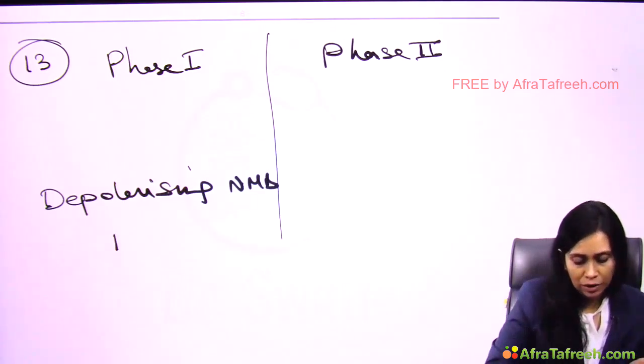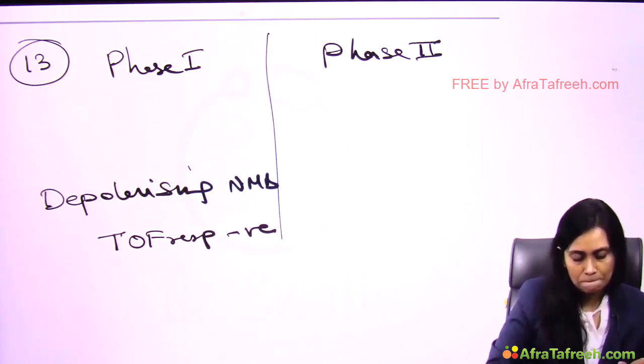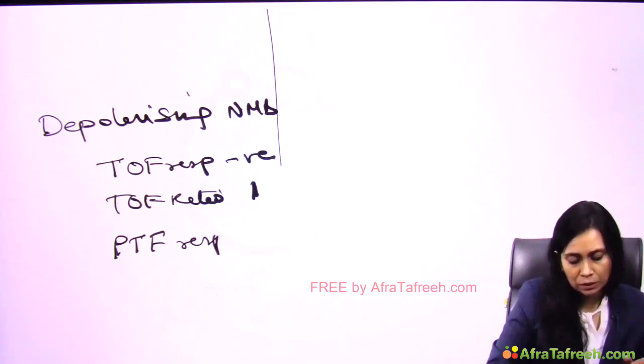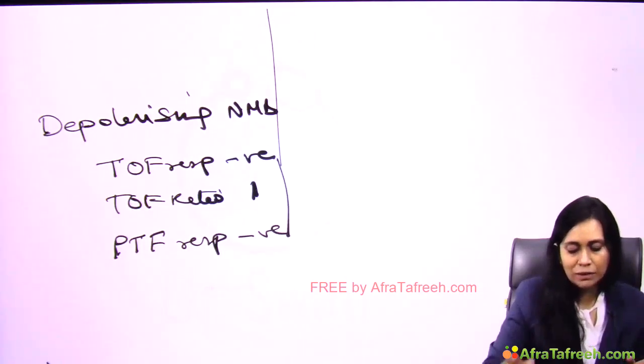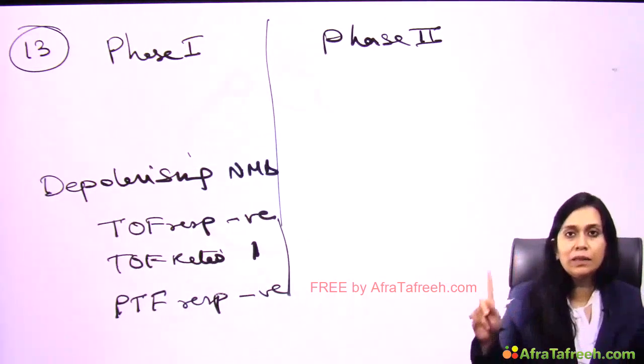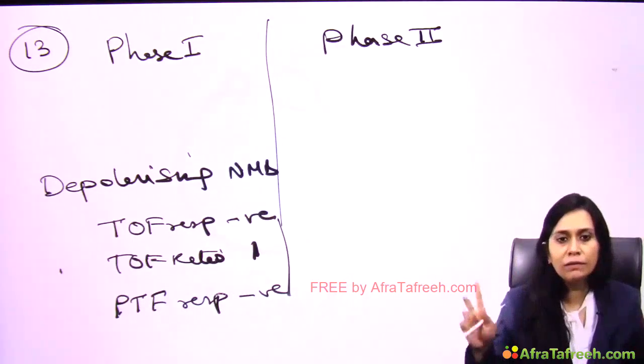That is, when it is showing train-of-four response negative, train-of-four ratio 1, and post-tetanic facilitation response negative, it is in phase 1 block.